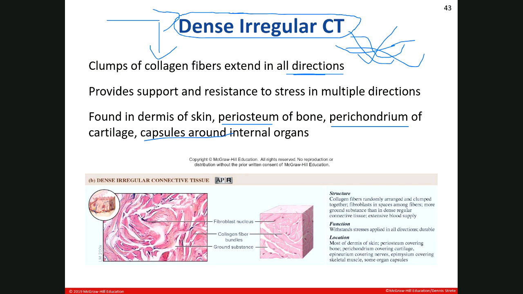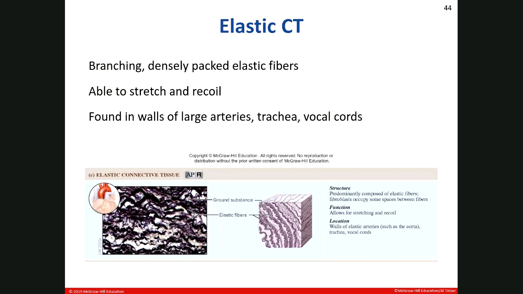Okay. So the last type of dense connective tissue is elastic. Again, this is because the elastic protein fibers are laid down close to one another.